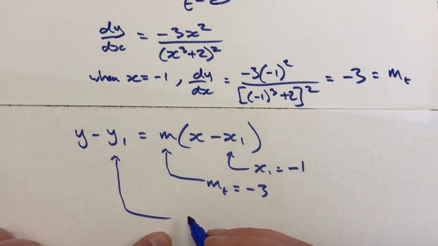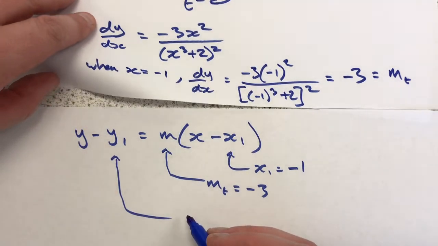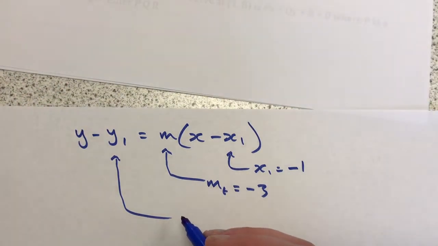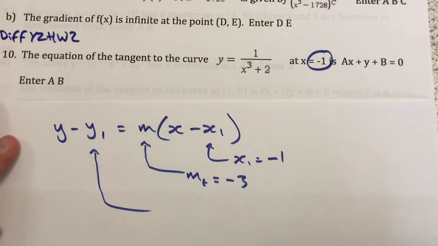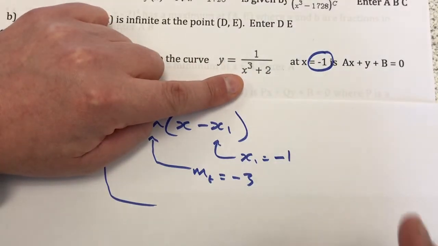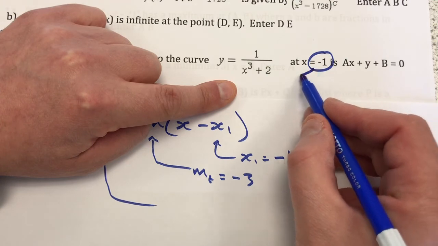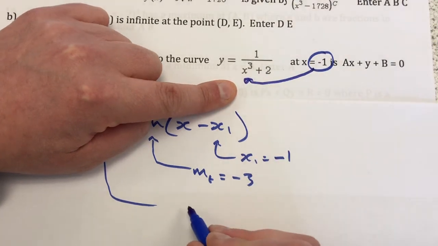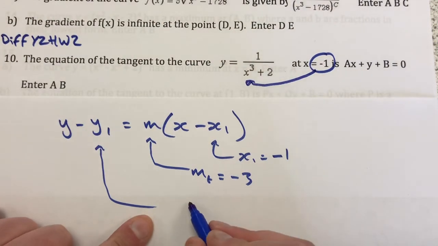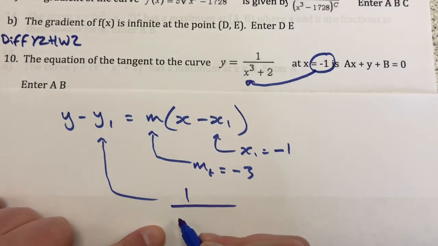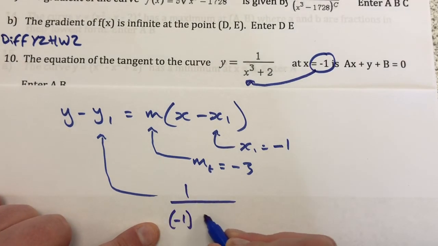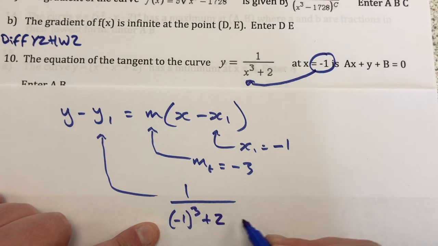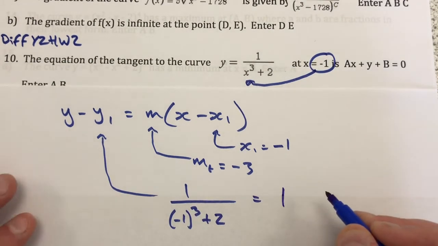That's going to be the original expression that we were given in the question, which up here was this one. We just need to put a value of x equals minus 1 in there in order to find out what that is. So this value here is going to be 1 over minus 1 to the power 3 plus 2, which equals 1.